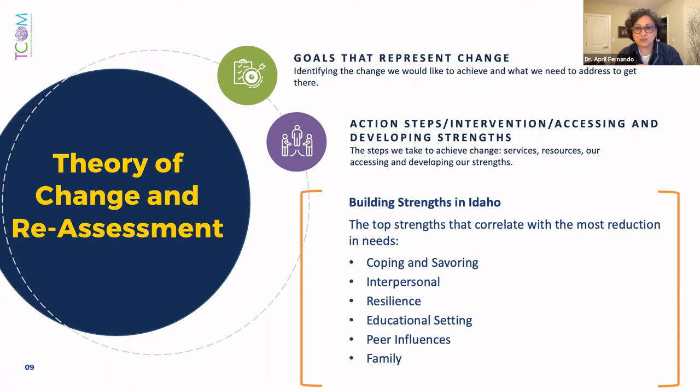And this includes your children if they currently have a CANS in the system, that they were part of us looking at this process. And here are the 6 specific strengths. The first 3 are internalizing strengths, and the last 3 are externalizing strengths. Coping and savoring, that ability of your child to be able to be in the moment and enjoy the moment.